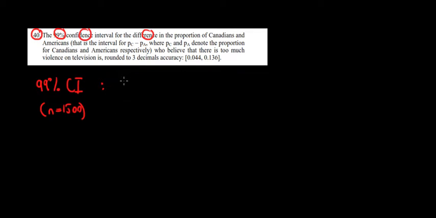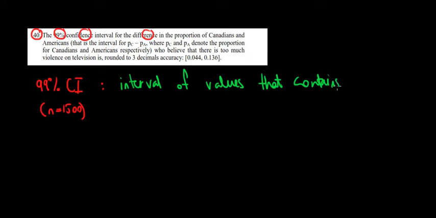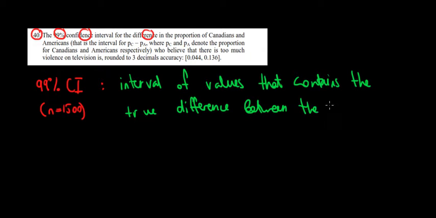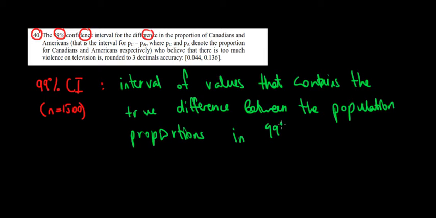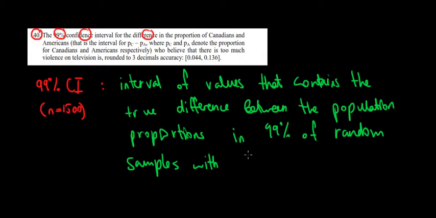The 99% confidence interval is going to give us an interval of values that contains the true difference between the population proportions in 99% of random samples with the size of 1500 observations each.